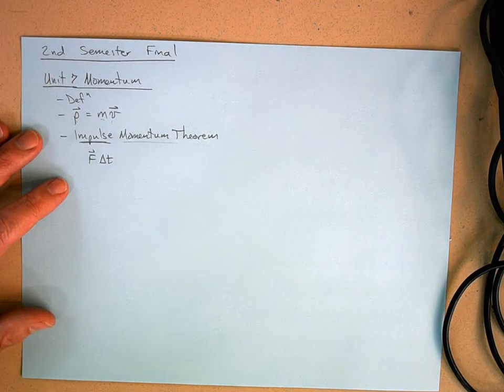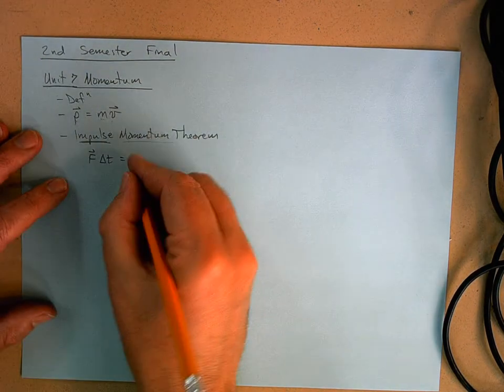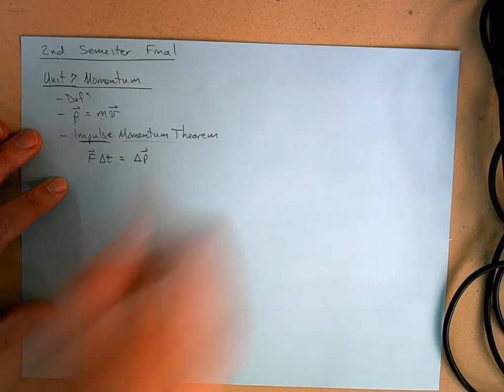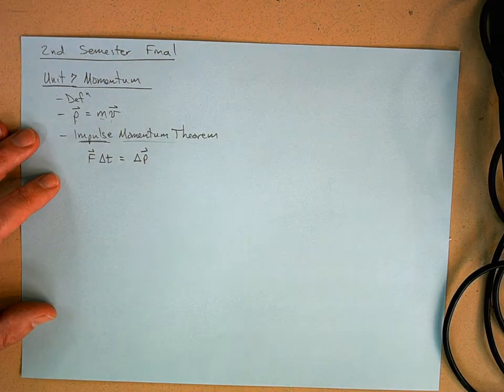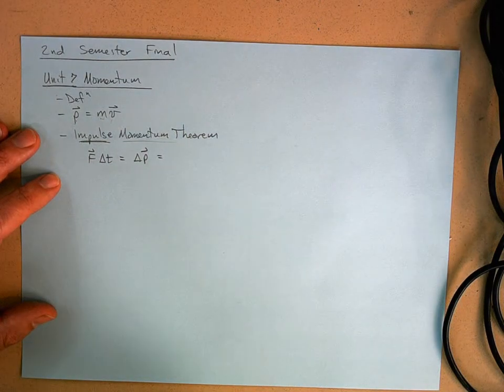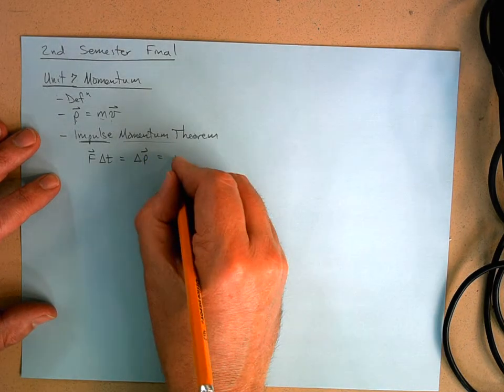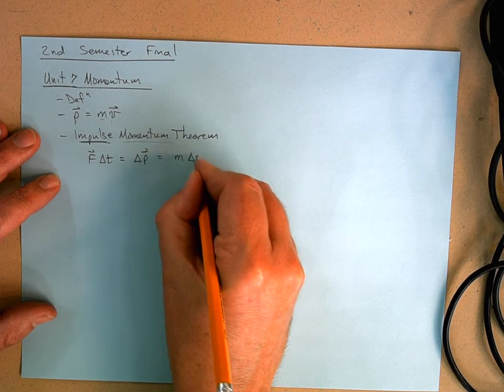If you apply a net force to an object for a period of time, that will cause a change in momentum of the object. Remember that for the purposes of this class, we're not going to change the mass of an object. We'll apply a force to an object whose mass is constant, so a change in momentum is just the mass times a change in velocity.